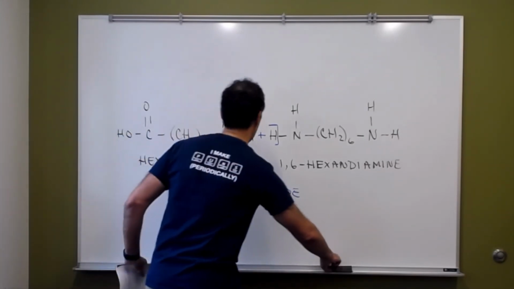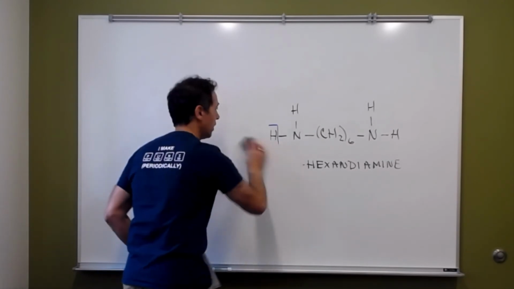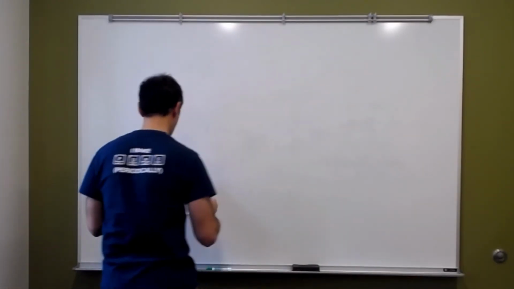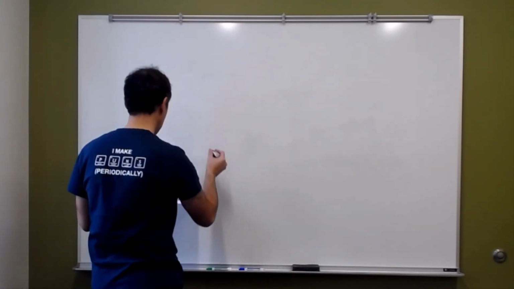And then another one here. I'll show you a more modern example of an amide. And this one here, it's going to tax my artistic skills a little bit here.